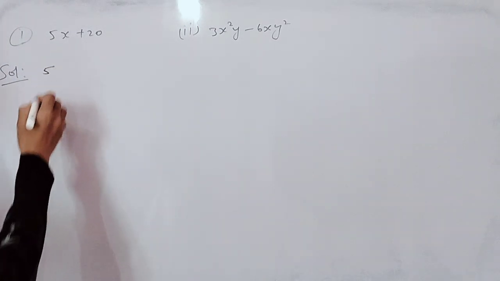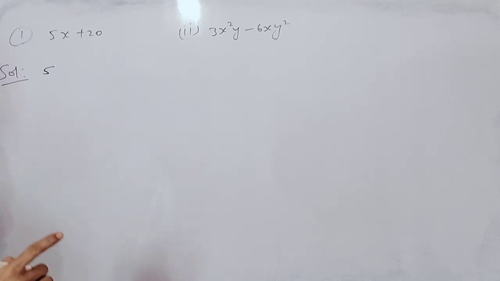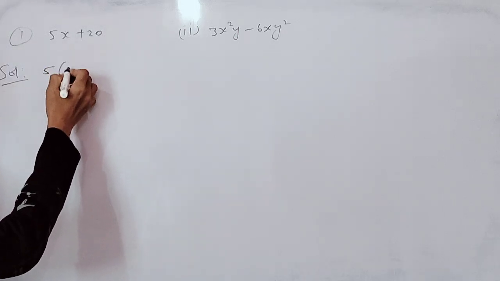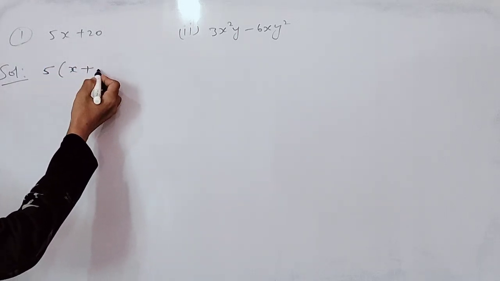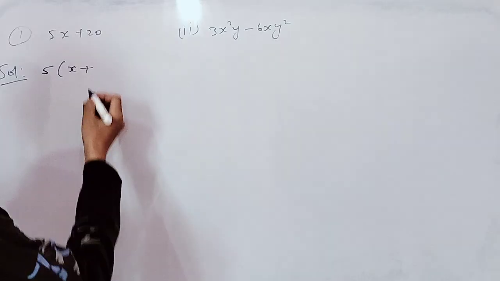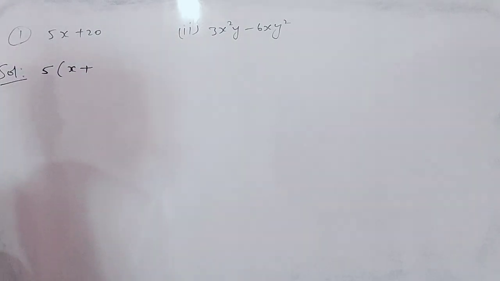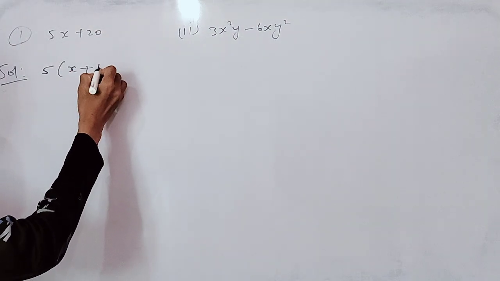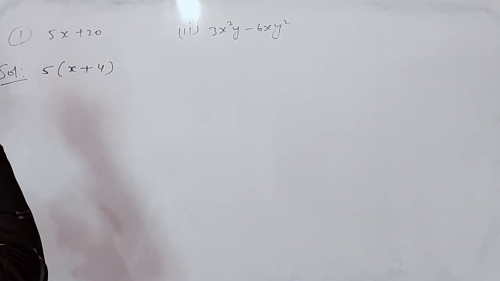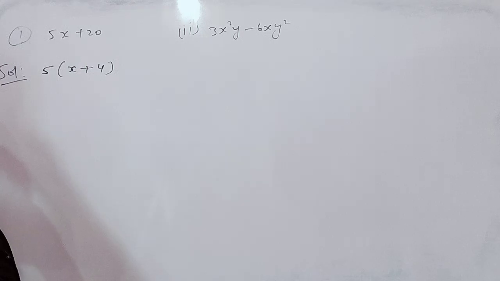That's why I am going to take 5 as a common. Now here x plus, now how much should I write here, from which I will get 20? 4. So 5 fours are 20. That is how you will factor.